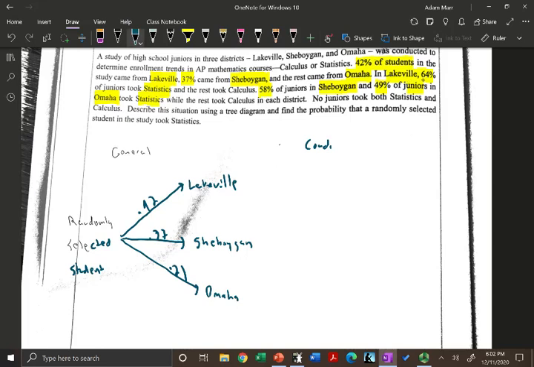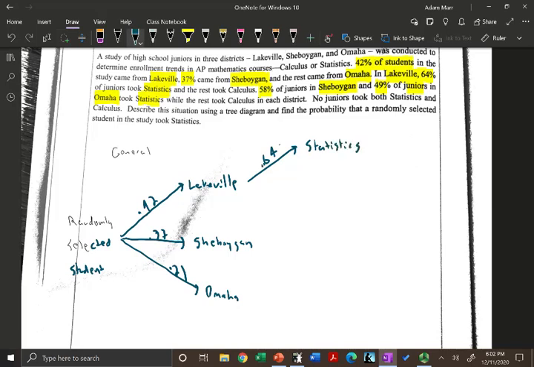In Lakeville, 64% of juniors took statistics, the rest took calculus. So we have 0.64 for those who took statistics.